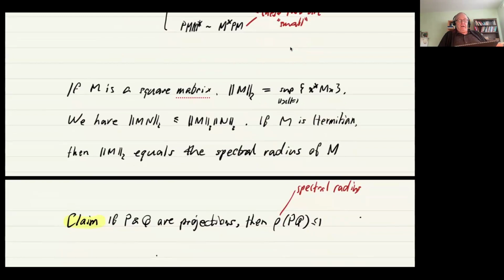Now, there's a wrinkle hiding here. I would say the 2 norm of M is defined to be the supremum of x star Mx over the unit vectors. But look carefully: the 2 norm of the identity would just be the maximum of x transpose x over unit vectors, so it will be 1.